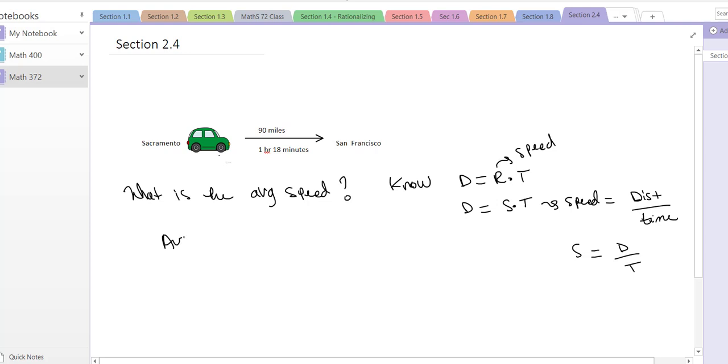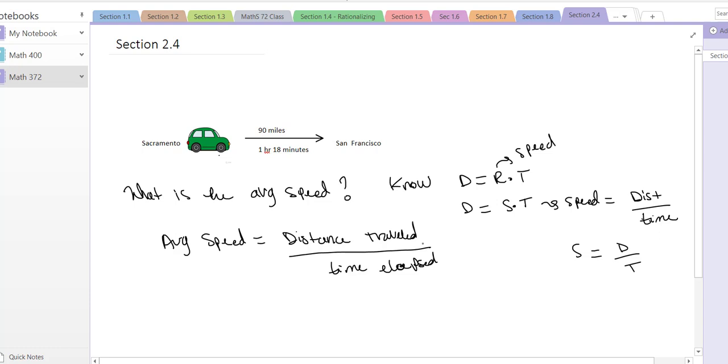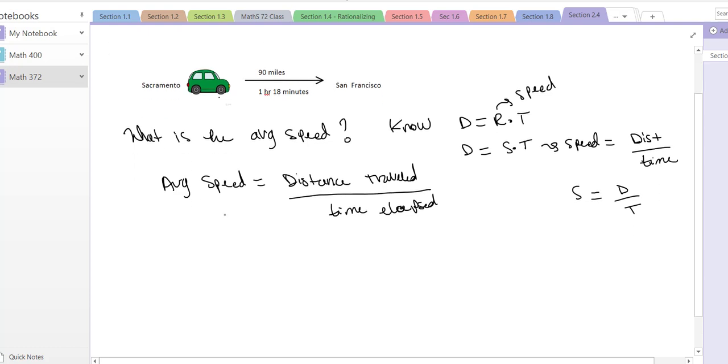So we're going to say average speed is the distance traveled divided by the time elapsed. And so in this case, our distance traveled is 90 miles.